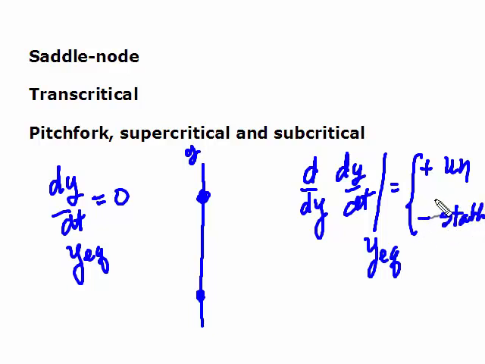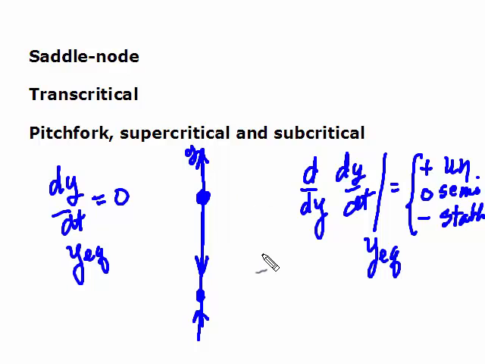If it's negative, it's stable. If it's 0, it's semi-stable. For example, in this case, if we found this node, this equilibrium value, to be unstable, then we would draw arrows away from it. If we found this one to be stable, then the arrows will be pointing towards it.